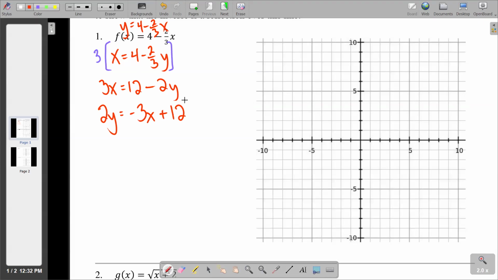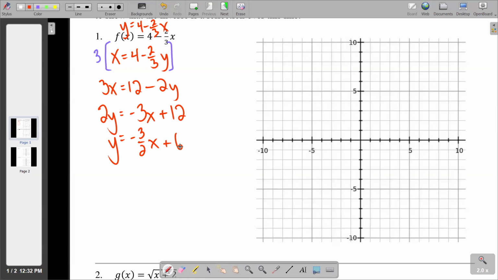I try not to impose that on my students, but I really like having Y on the left. So I moved the minus 2Y over, made it positive, moved the 3x over, made it negative, and then just left the 12. And then we divide by two and we'll be done. So we get Y equals negative 3 halves of X plus 6.